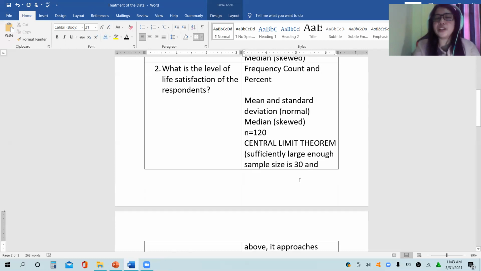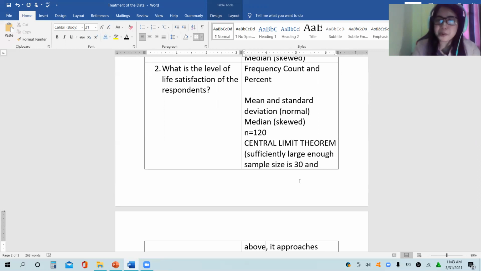But in our discussion on sampling techniques and determining the sample size, we also made mention that we can use central limit theorem to justify why we use mean or why we will use median. Since it is 120 and it is large and at least 30, then it means that it approaches normal.